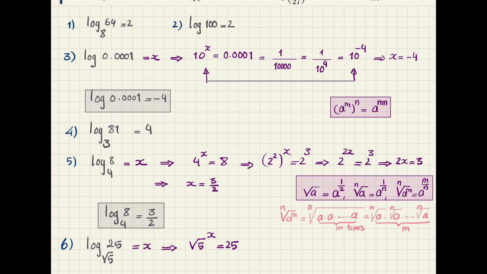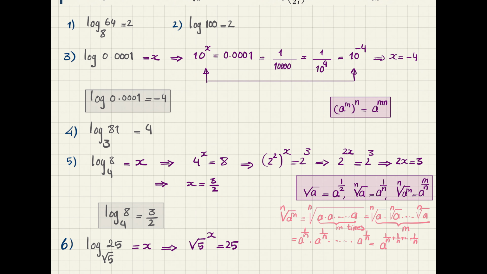Okay, but now according to this formula, each one of them can be written as a to the power of 1 over n. So this becomes a to the power of 1 over n times a to the power of 1 over n times a to the power of 1 over n, yes? But then we know the rule. I write a and I start adding the exponents. This is the famous rule.